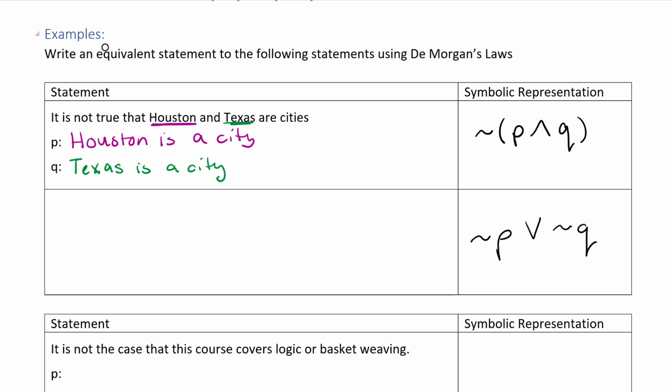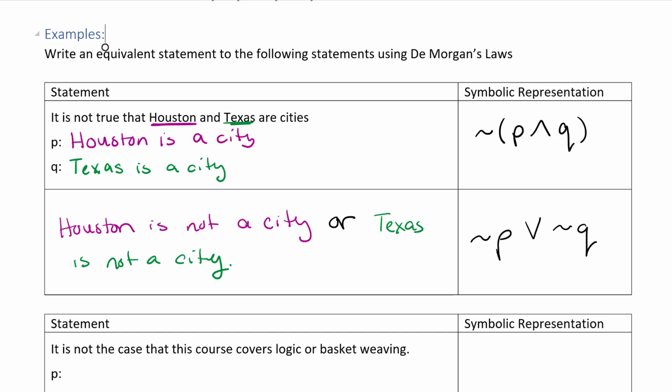Not P, well P is Houston is a city, so not P is Houston is not a city. Or, so now I'm going to join those together with a disjunction, or not Q. Well, Q says Texas is a city, so not Q would be Texas is not a city.